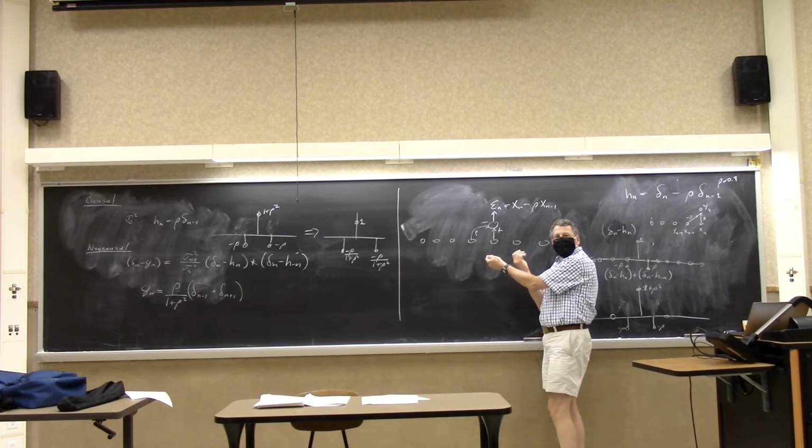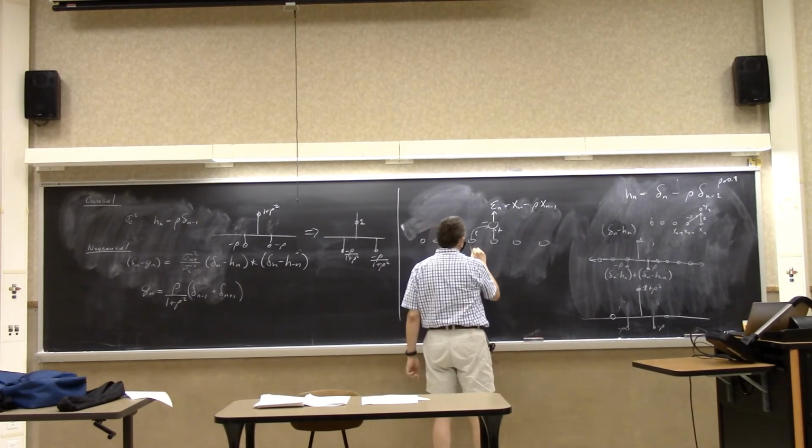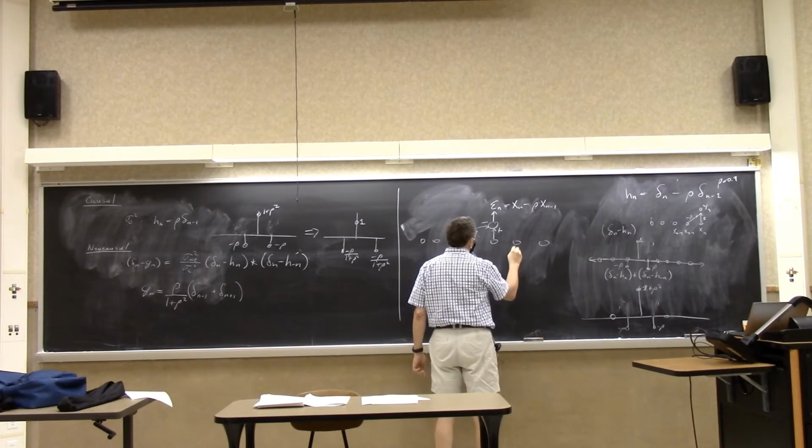So you might take this one and this one, add them together, and subtract: minus, plus, and this would be epsilon.